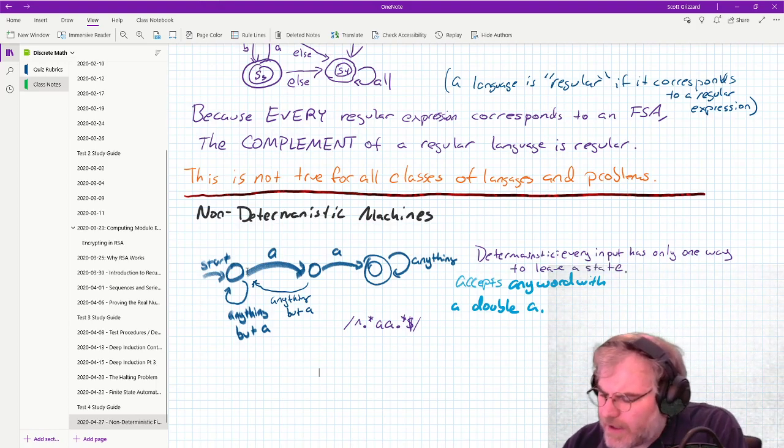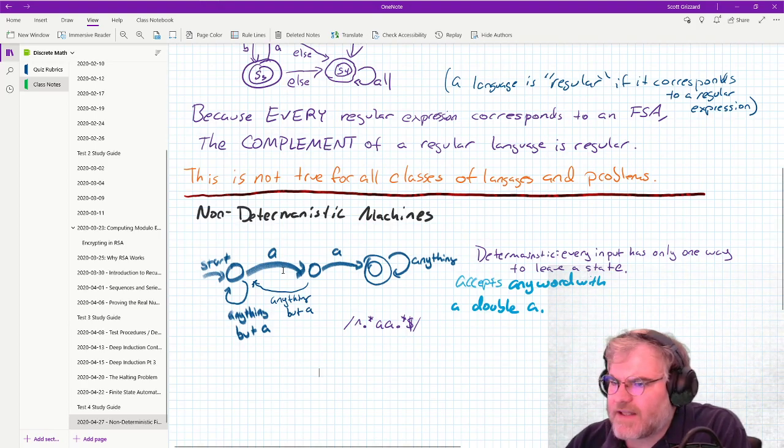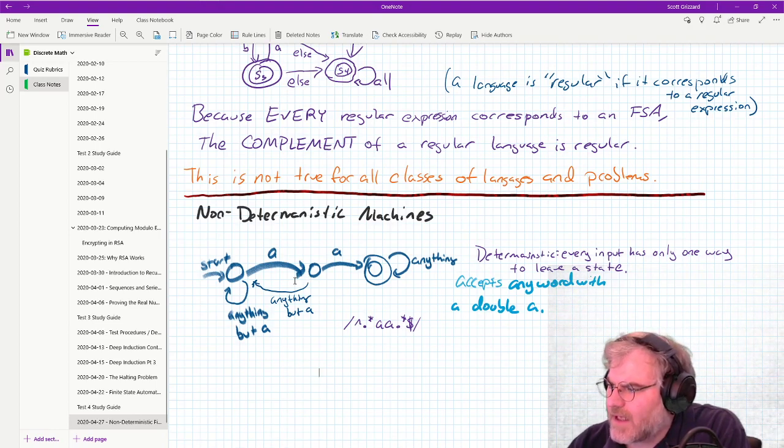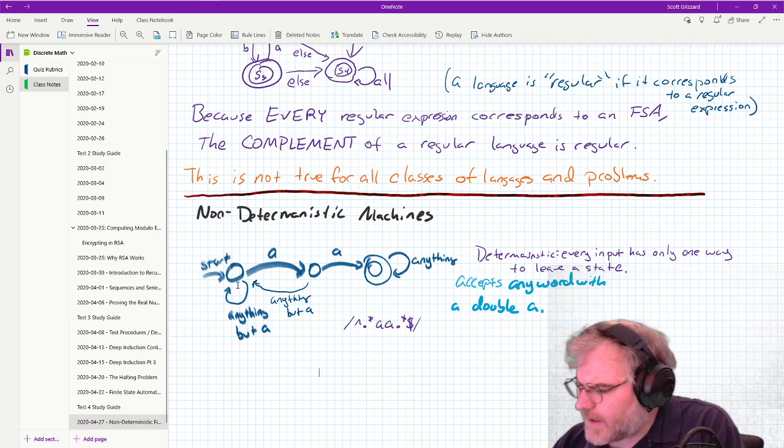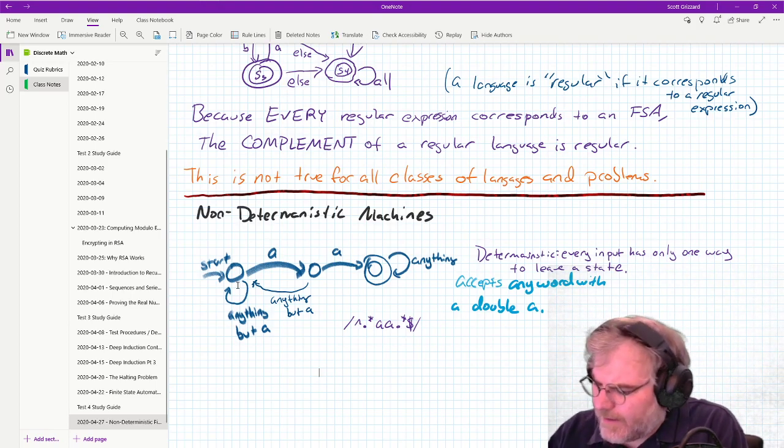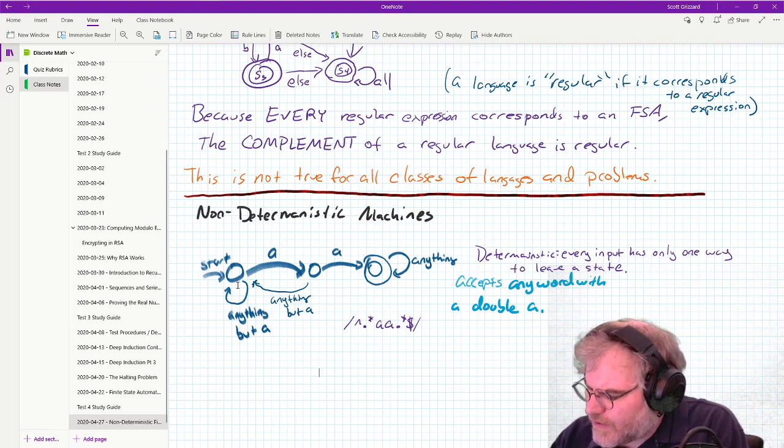So no matter what it is, if I'm at A, it's going here, and then it's going here, and then it comes back, right? And anything after A went back to the starting state. I can also draw that. Let's look at another machine that does the exact same thing. But this one's going to be non-deterministic.